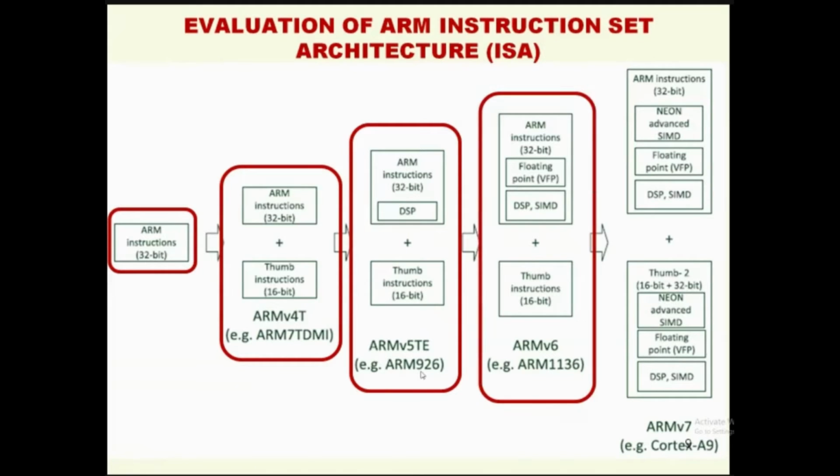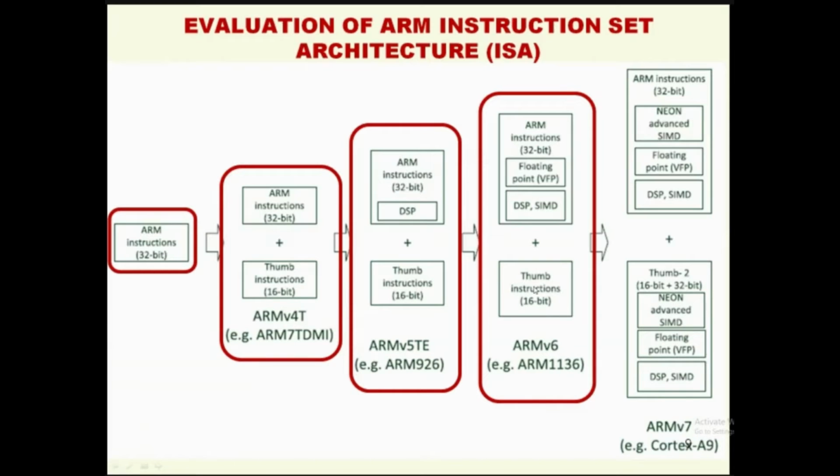Then the instruction set architecture ARMv6, version 6 architecture, uses the same 16-bit Thumb instructions. Along with it, we have floating point operations and single instruction multiple data features in the ARM instruction set. So in these three versions, that is ARM7, ARM9 and ARM11, Thumb was separate.